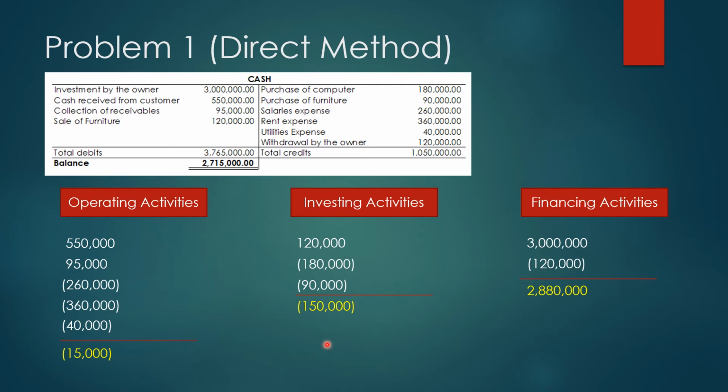So, by just looking at this, you'll know, okay, the majority of the company's cash is because of the capital contribution of the owner. But if you look, there's really no income. Right? No income. This is all purchases. Okay, we have a lot of cash, 2,880,000. But this is from the personal pocket of the owner.